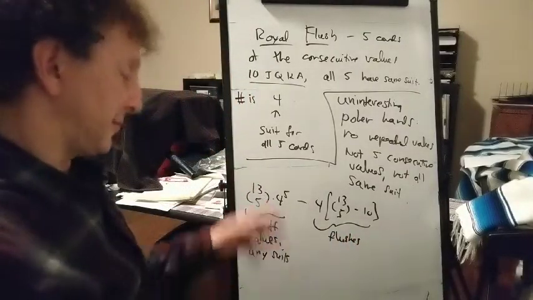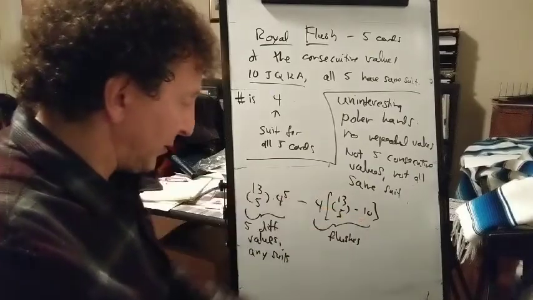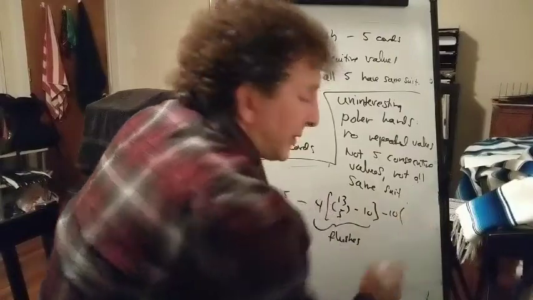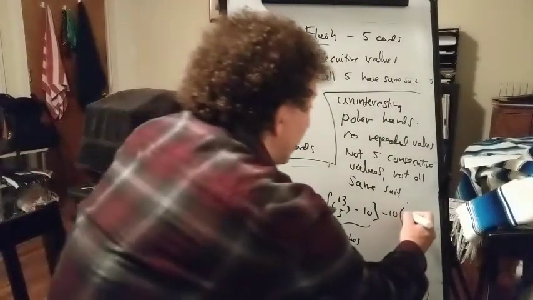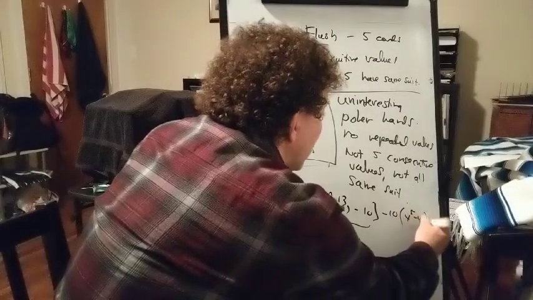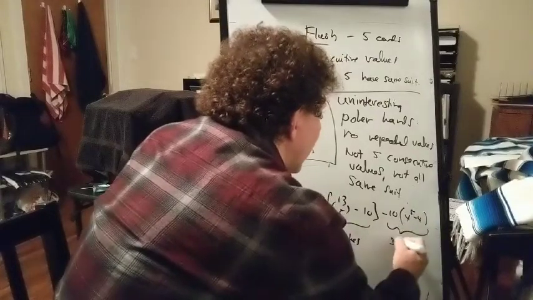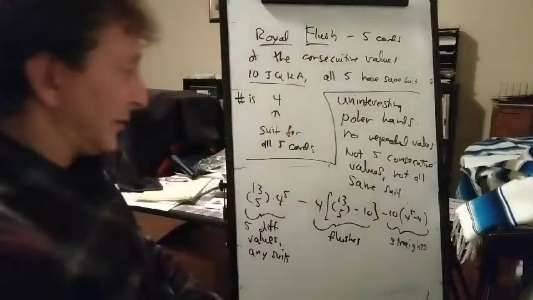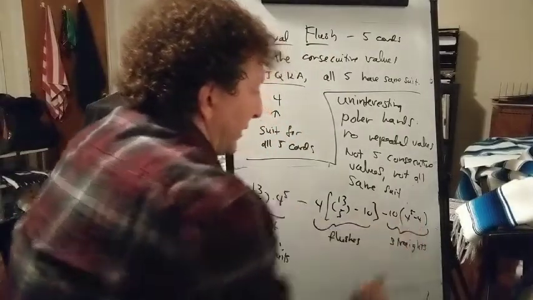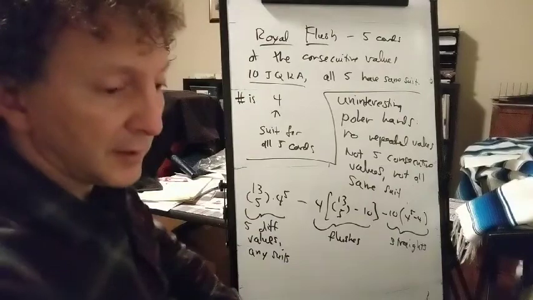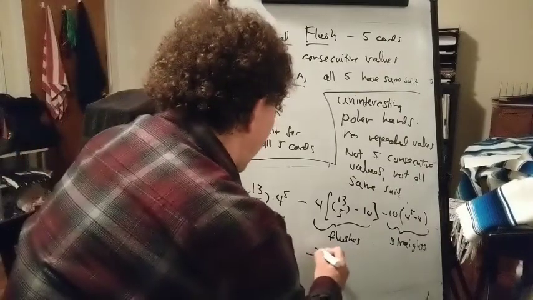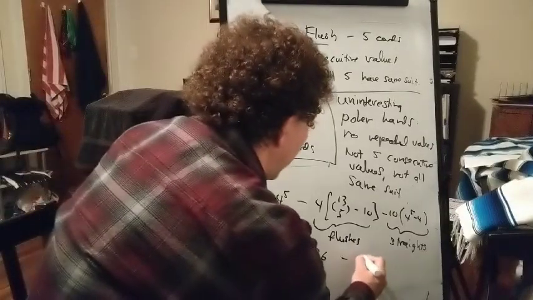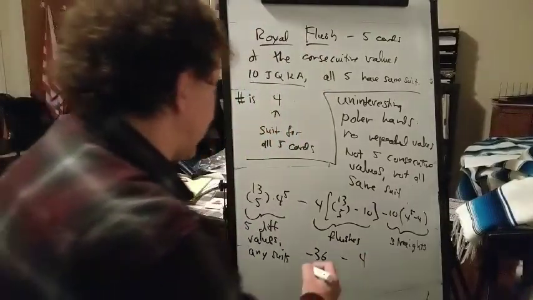Those are flushes that are not including the straights, which is why we subtracted 10 here. And then minus 10 times 4 to the 5th minus 4. Those are straights, not including the straight flushes, which is why we have the minus 4 here. Minus 36 straight flushes, minus 4 royal flushes.